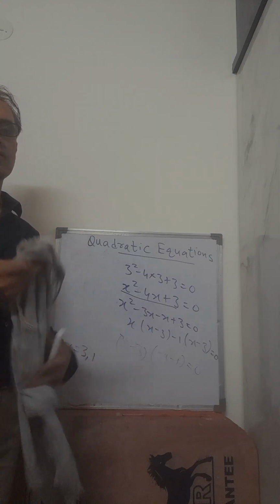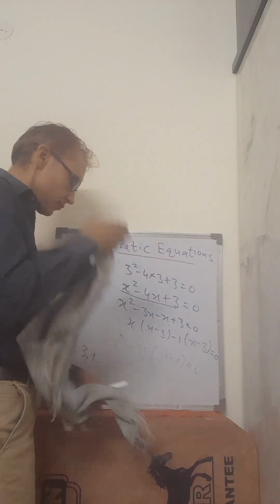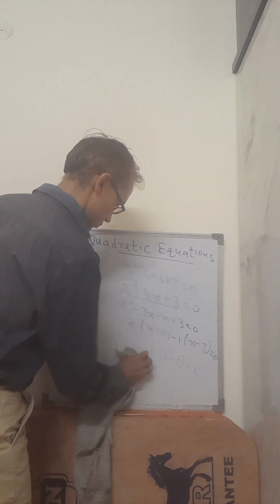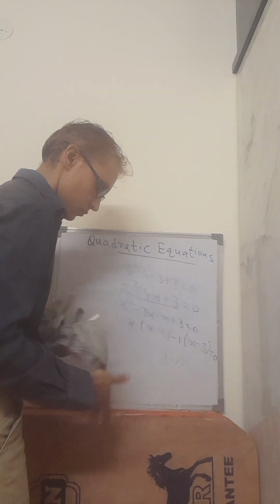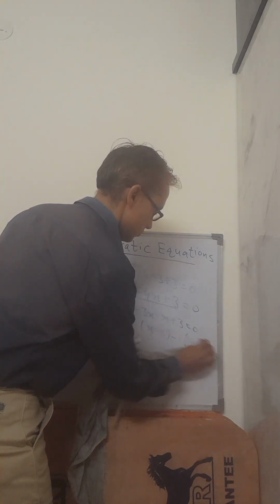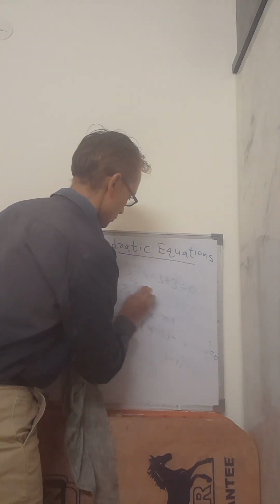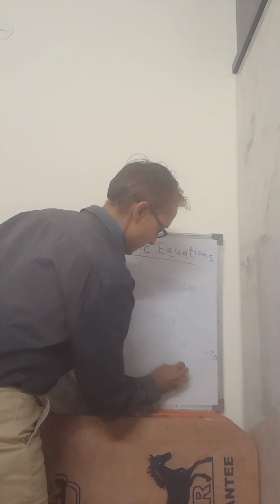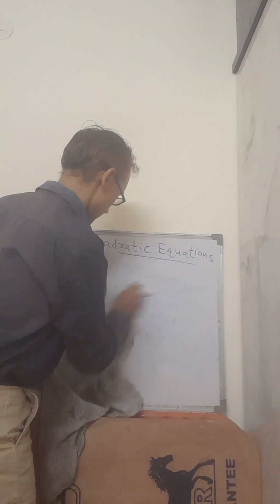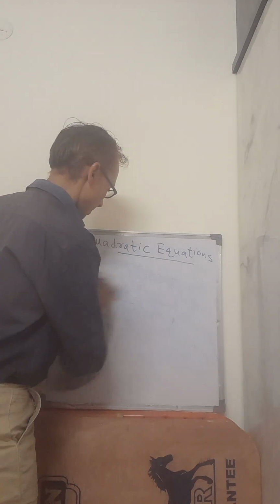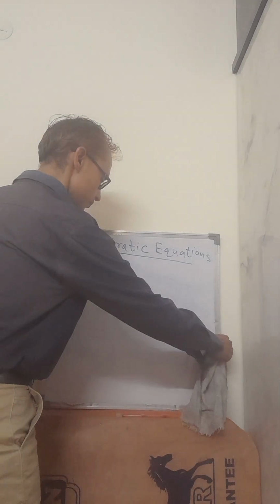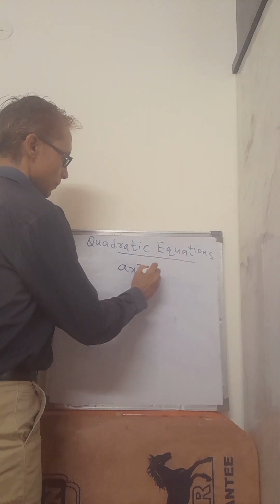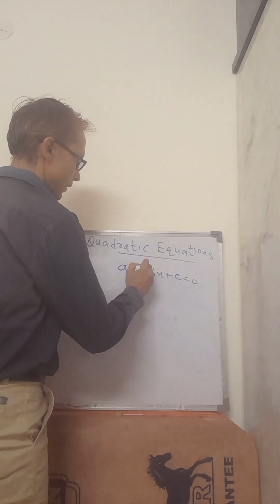Now we will see how we got this alpha plus beta value and alpha into beta value. Okay, so we know that for this quadratic ax square plus bx plus c is equal to 0, the values of x are what?